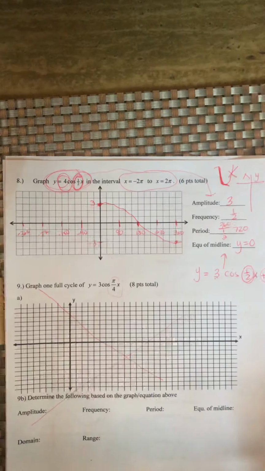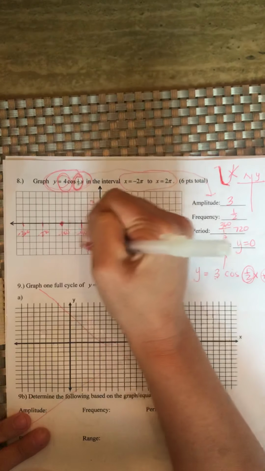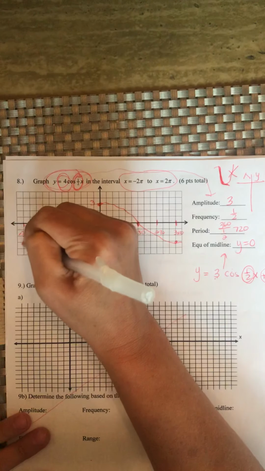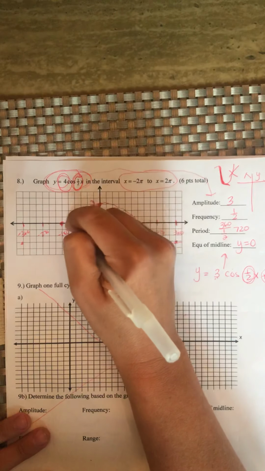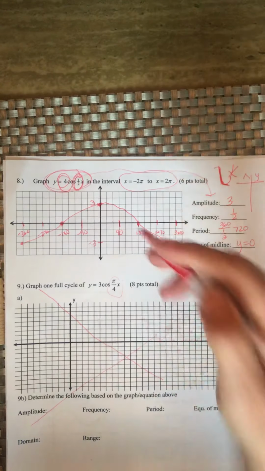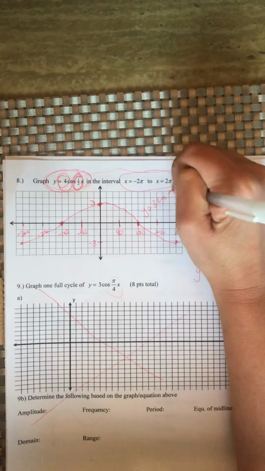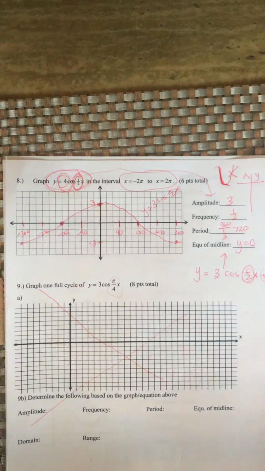And it would look something like this. You're going to go to negative 180, negative 360, and you're going to see that there, okay? And that's for y equals 3 cosine 1/2 x. All right, that's it for this one.